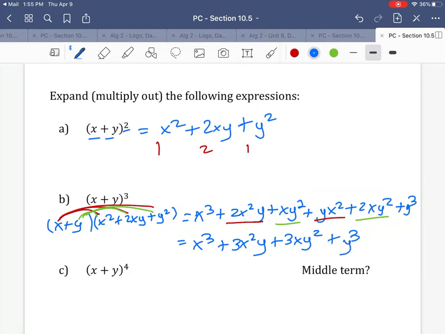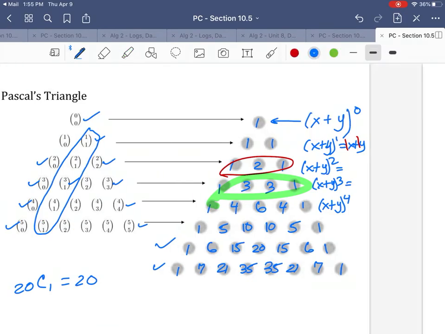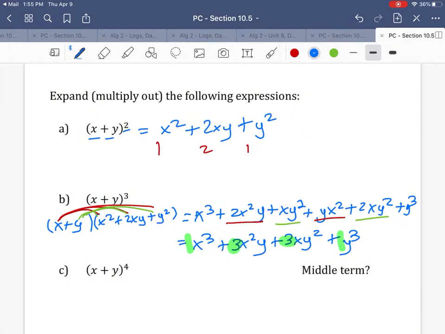All right, so I want you to notice here, you have the coefficients. You have a 1 right here, you have the 3, 3, and 1. So that's exactly like you were supposed to get right there. But also notice what's going on with the variables. The x's are starting at x to the third and dwindling down, while the y's are growing.